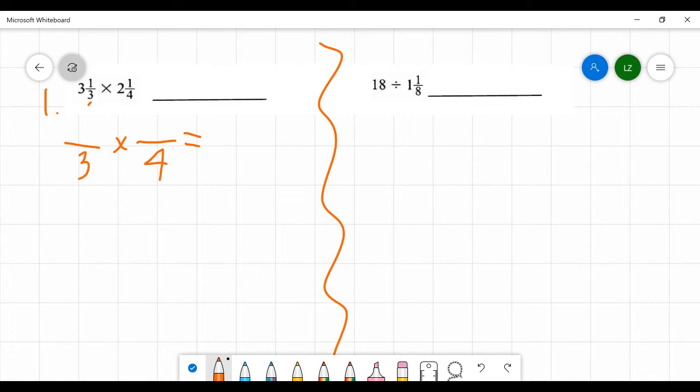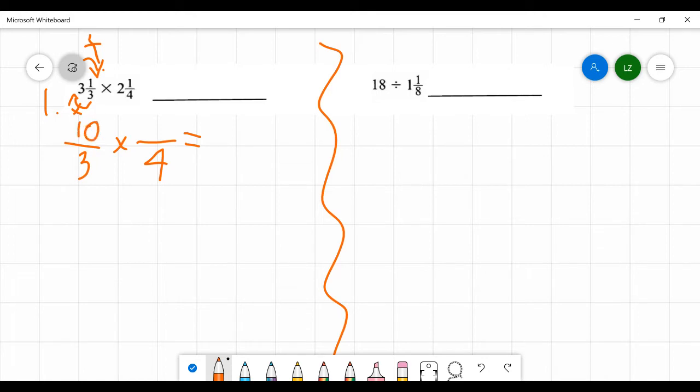And now I'm going to use my little carousel method here to make them improper. So you would do 3 times 3, giving you 9, and then plus the 1 on top, and that would give you 10.